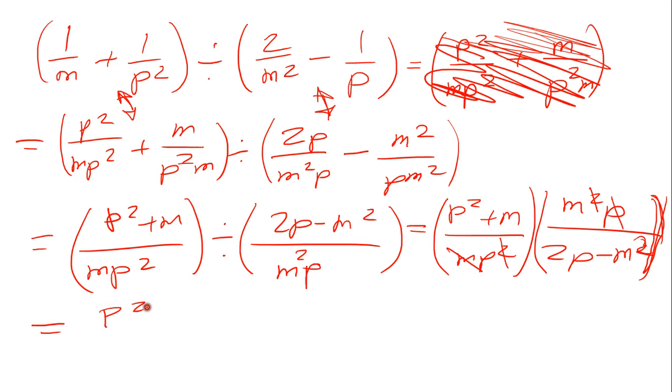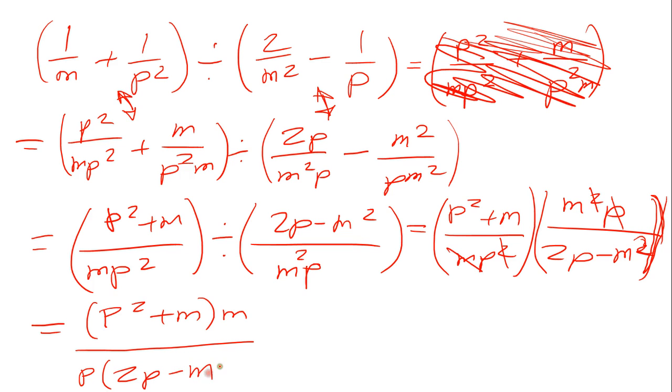p squared plus m times m over p times 2p minus m squared, which doesn't simplify.